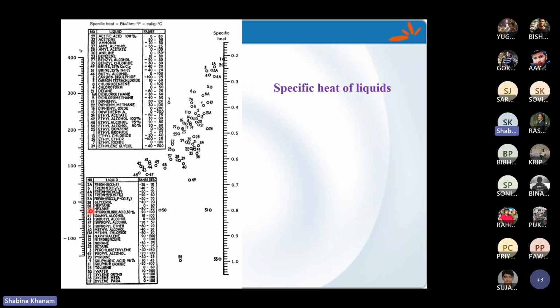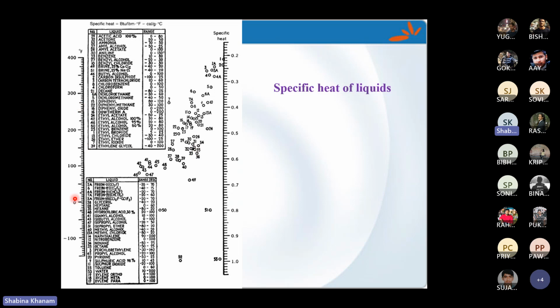Hexane has the number 35, if you can see over here. If you see here 36, 35 is this, right? This dot, or this small circle, locates the hexane.